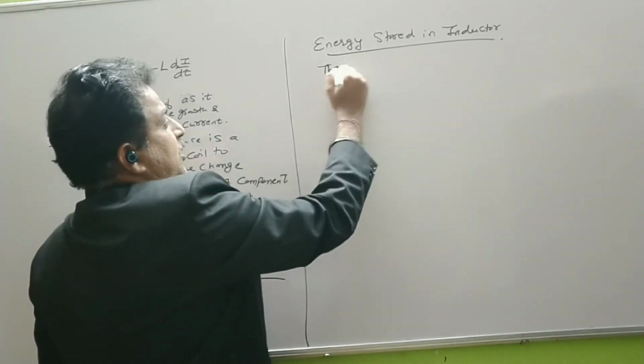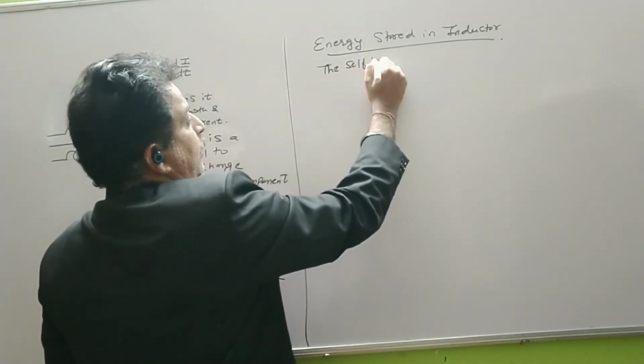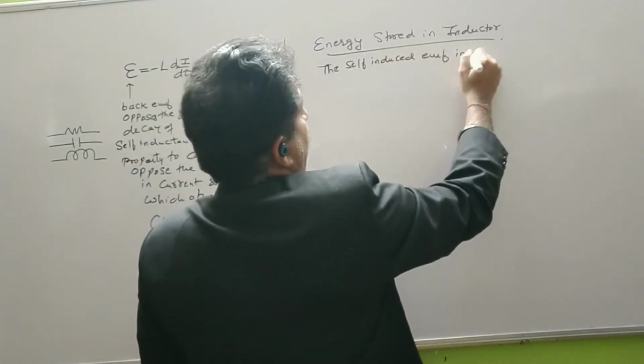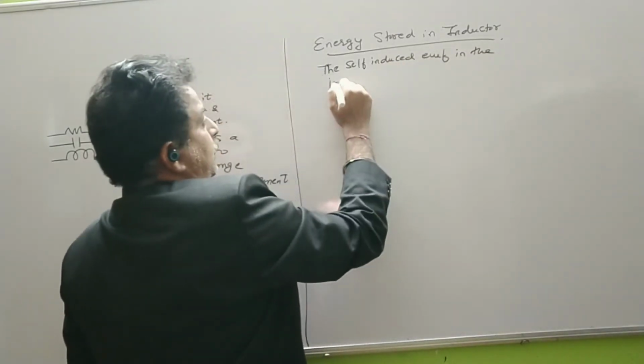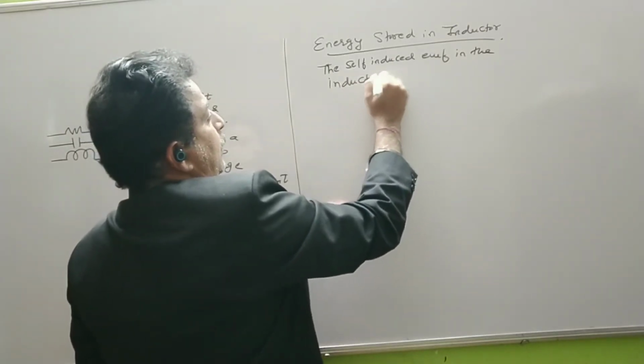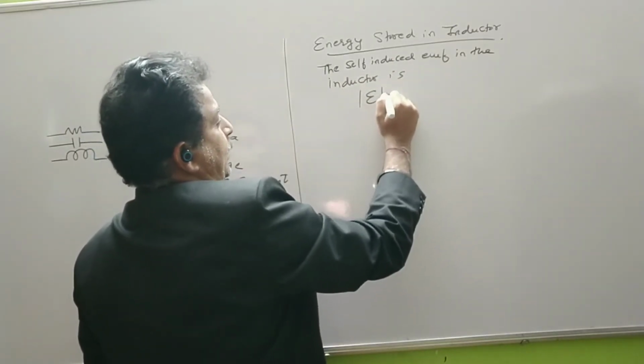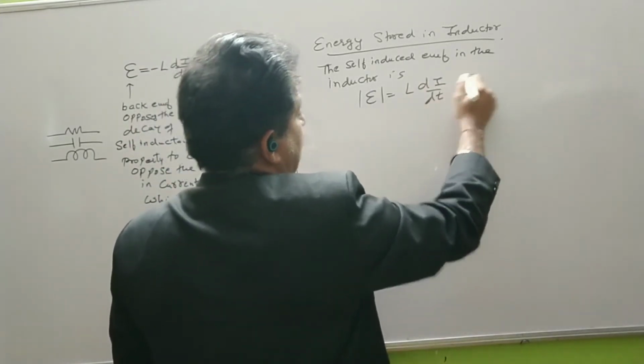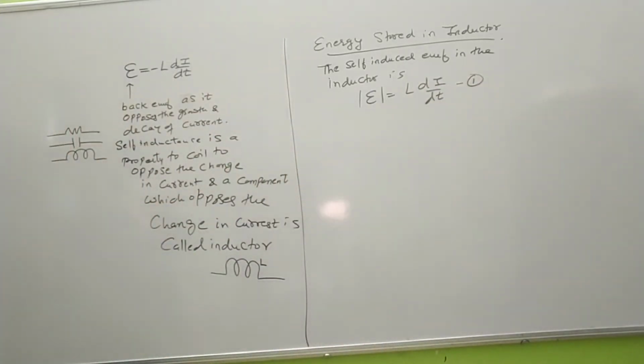The self-induced EMF in the inductor, we write its magnitude as L di by dt. That is our equation number 1.